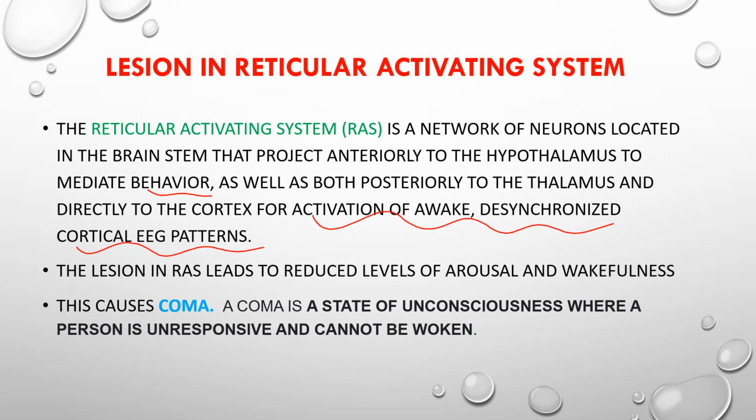So, the lesion in reticular activating system leads to reduced levels of arousal and wakefulness, and this actually causes coma. And a coma is a state of unconsciousness where a person is unresponsive and cannot be woken. So any lesion to the reticular activating system leads to coma.